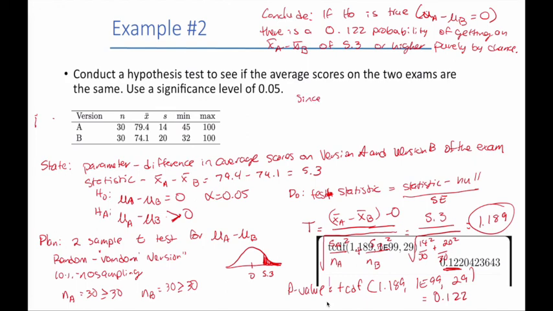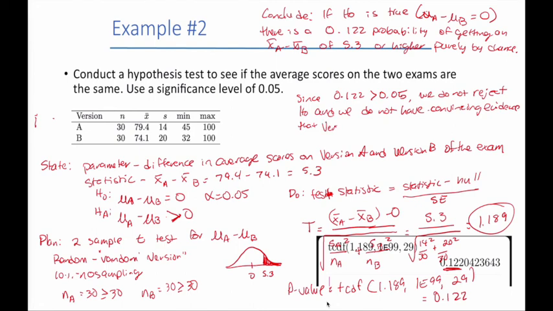So since 0.122 is greater than our alpha of 0.05, we do not reject the null, and we do not have convincing evidence that version B is harder than version A. Ta-da! Hypothesis test done.